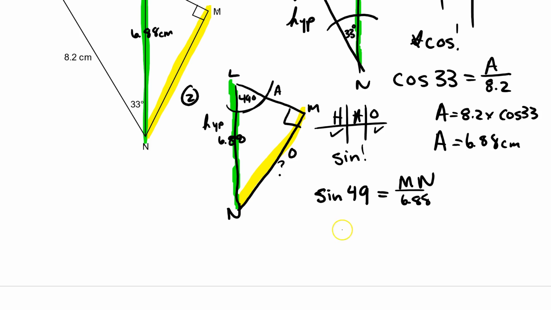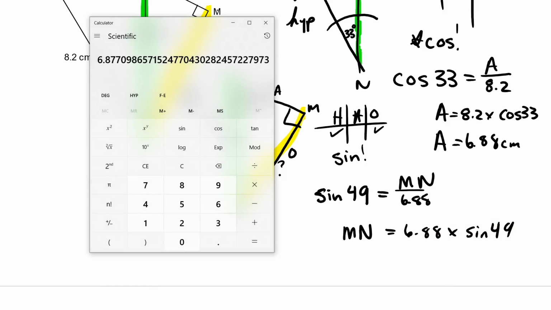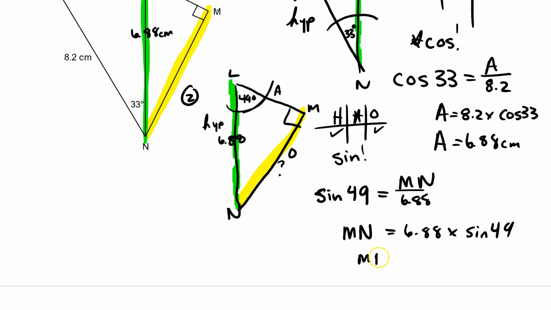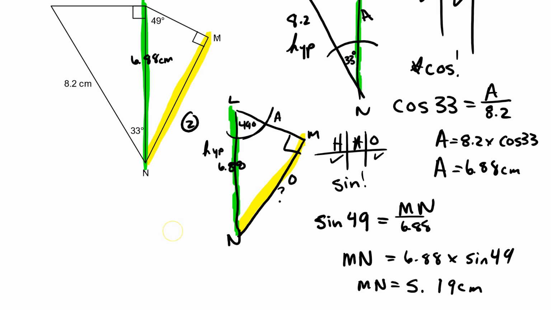So then my MN is 6.88 times sine of 49. 6.88 times 49 sine equals 5.19. So MN is 5.19 centimeters.